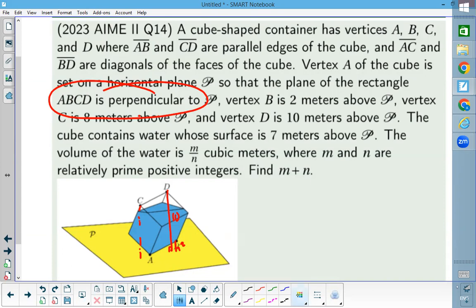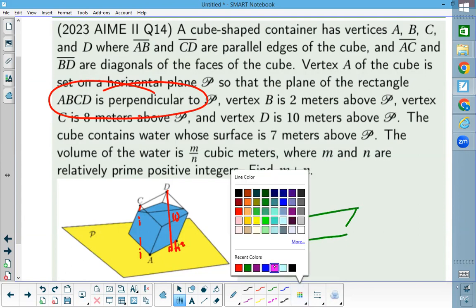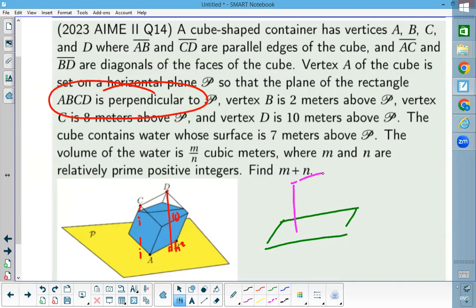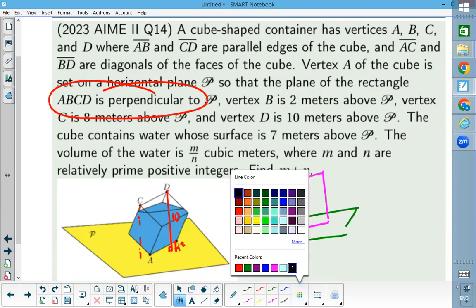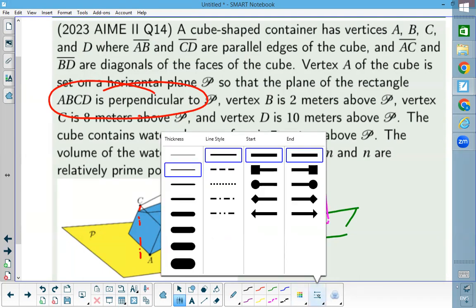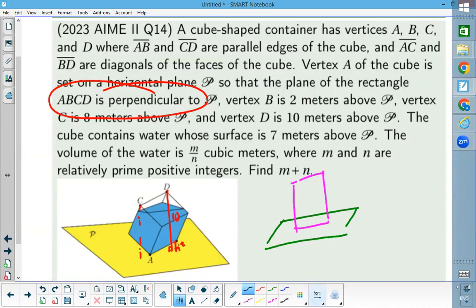Because we're told that the rectangle ABCD is perpendicular to plane P, essentially what we have here is a plane P and a perpendicular plane. But ABCD is not in this orientation; it's actually a tilted orientation, because we know that this is perpendicular to plane P. We know that A is on the plane, so A is like this, and B is actually slightly tilted up.